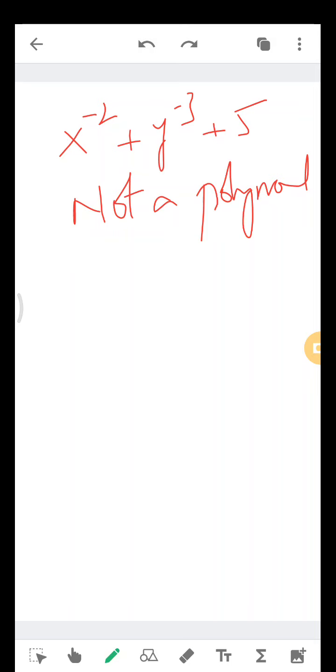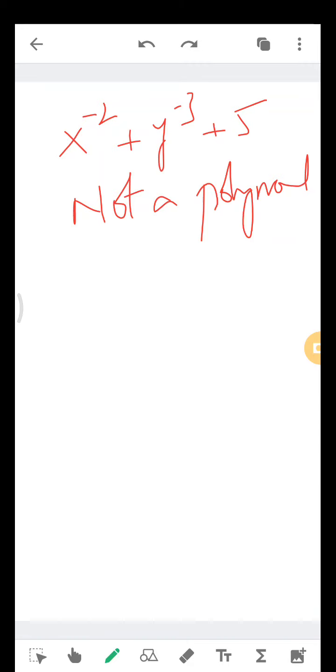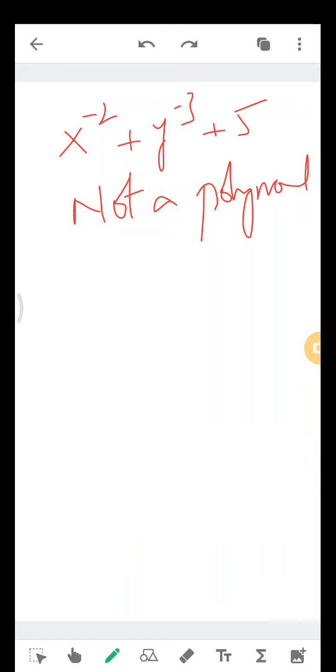Then there is another rule for being a polynomial. To be a polynomial, the variable should not have powers in fractions. Like the variable should not be in a root. Take x root x plus 3y plus z.